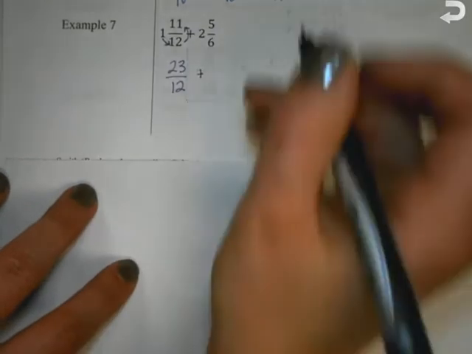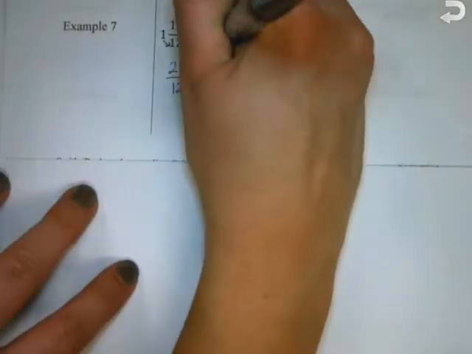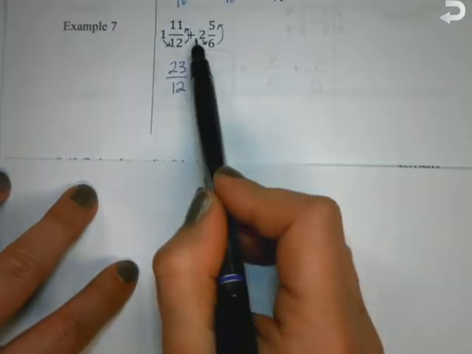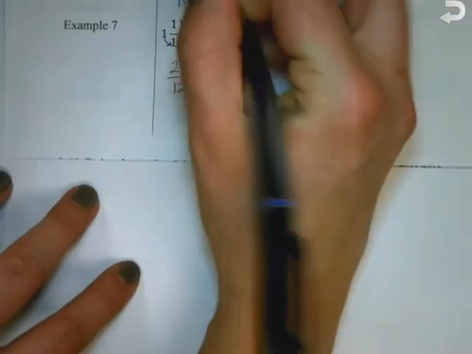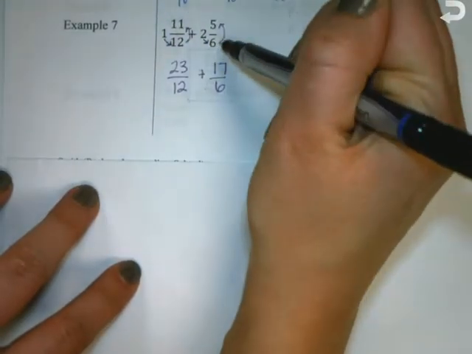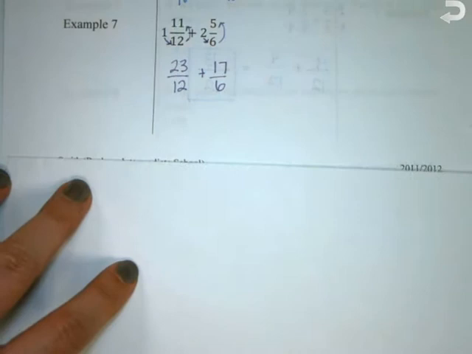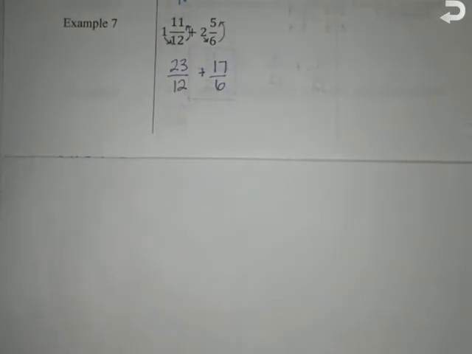Okay, so what's my next step? Josh, what's my next step? Find a common denominator. Do you know what it is? It's going to be 12. Good. Okay, let's see. Christina, what do I do to 23 over 12?